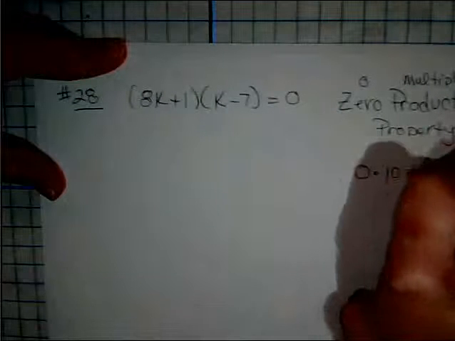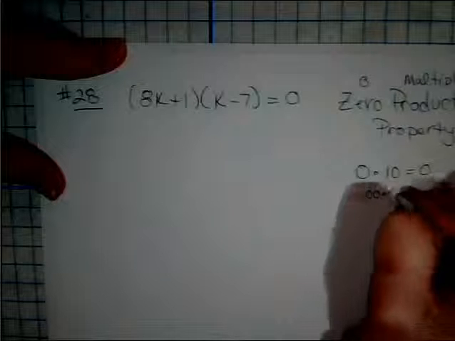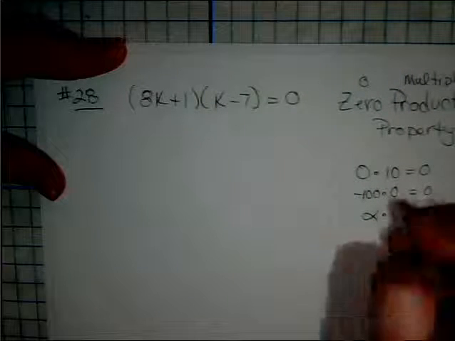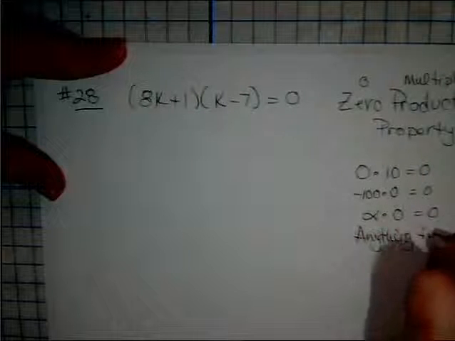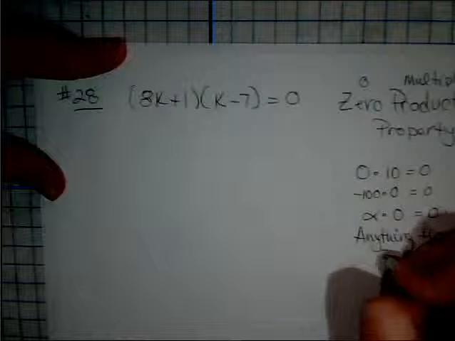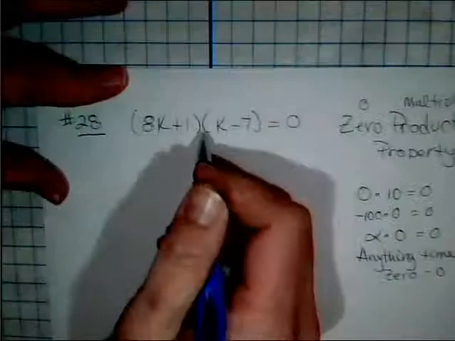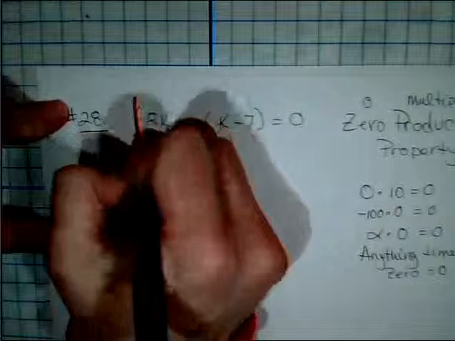Well, 0 times 10 is 0, and negative 100 times 0 is 0, and alpha times 0 is 0. So anything times 0 is 0. So if we look at these two things, I have two chunks.